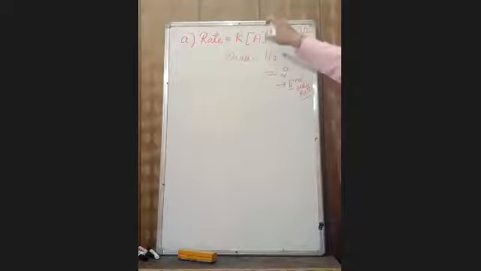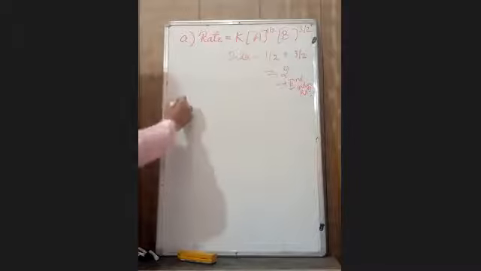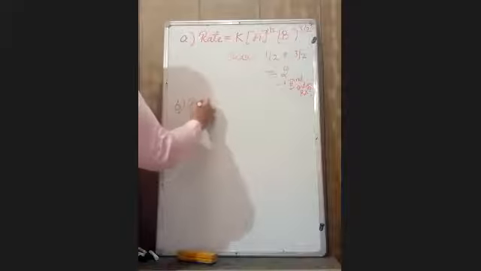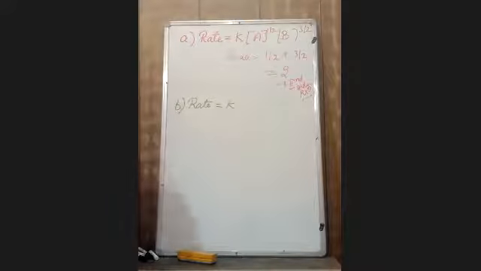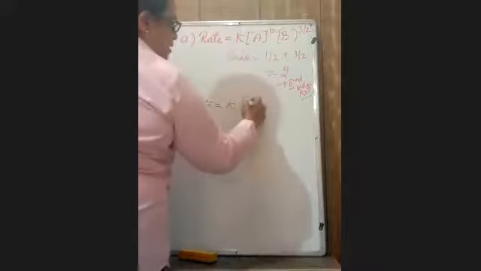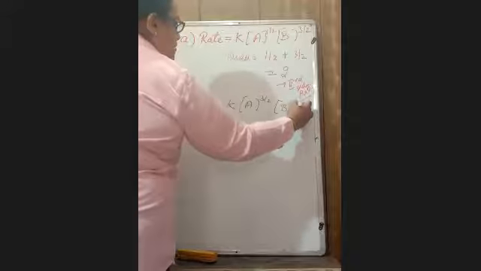Why have I just added this? Because this clue is given to us. This is the rate law expression. Now second part, calculate the overall order of a reaction in which rate is equal to K, A 3/2 and B -1.